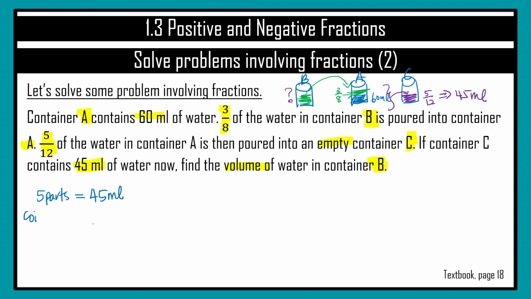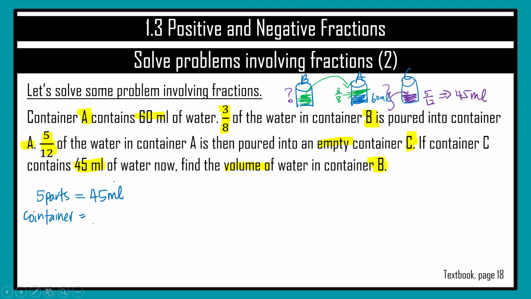So container C, the fraction is 5/12, means that there are 7 parts which are missing. But I don't want to find that 7 empty part.